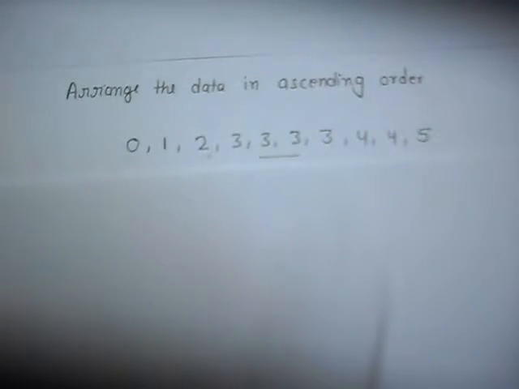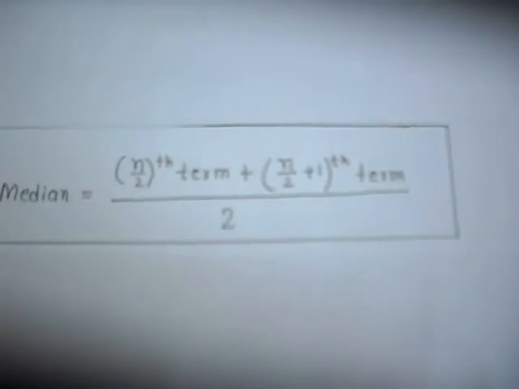In the formula we are doing the same. In place of n we will put 10, because the total number of goals is 10. 10 divided by 2 means the fifth term, and 10 divided by 2 plus 1 means the sixth term.